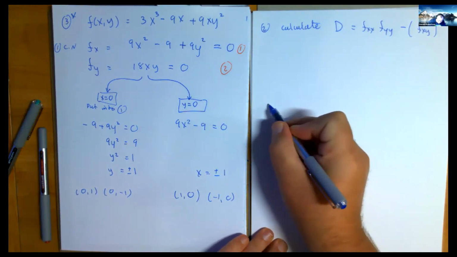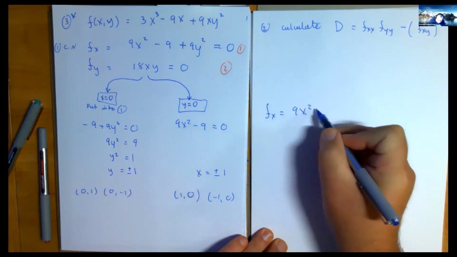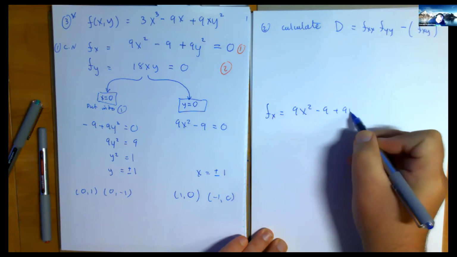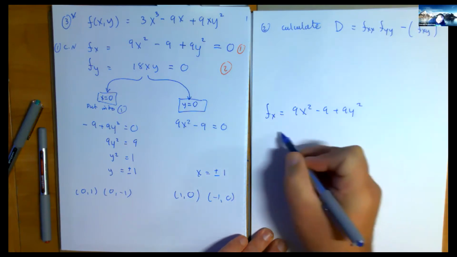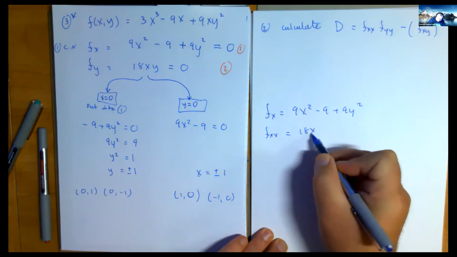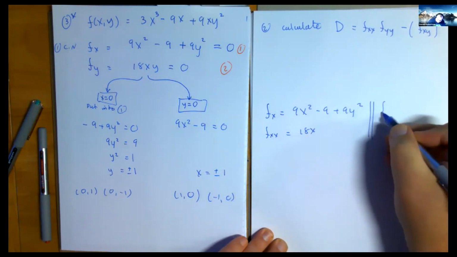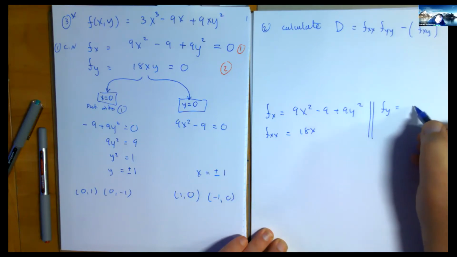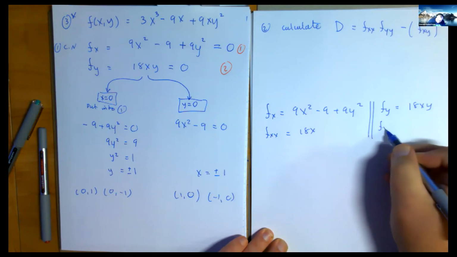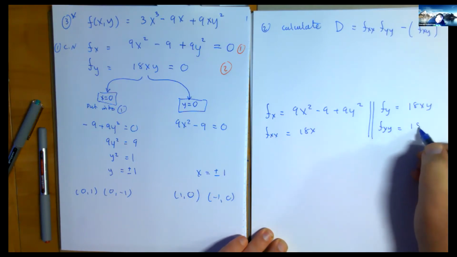I guess I'll do it down here. If this fella is equal to that, then won't the second fella just be 18x? And if the partial derivative with respect to y is 18xy, then won't the second partial with respect to y just be 18x?